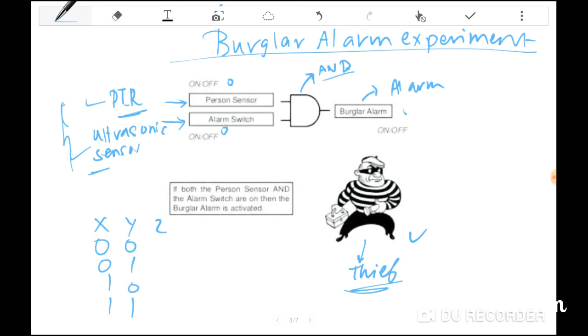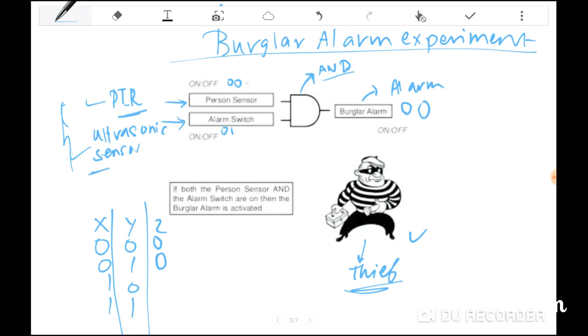Yes, the burglar alarm will not ring at all, so the output will be 0. And when the person sensor has an input 0 and the alarm switch has an input 1, the burglar alarm will not ring again. It has an output 0, just like we have studied in the previous slides about the AND gate property.